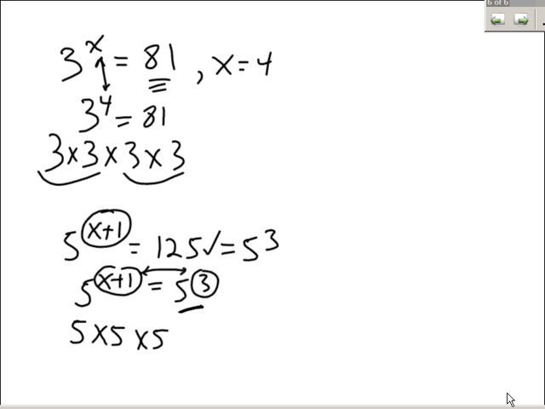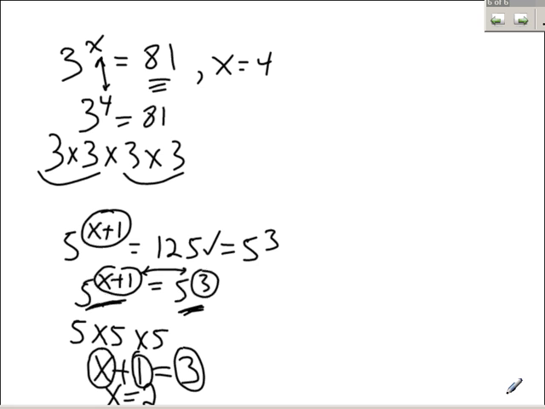If on the right side we're multiplying 5 by itself 3 times, and the left side we're multiplying 5 by itself x plus 1 times, it must be true that x plus 1 is 3. Some number plus 1 is 3. 2 plus 1 is 3. There's our answer. X is 2. Don't take away 1 from both sides.